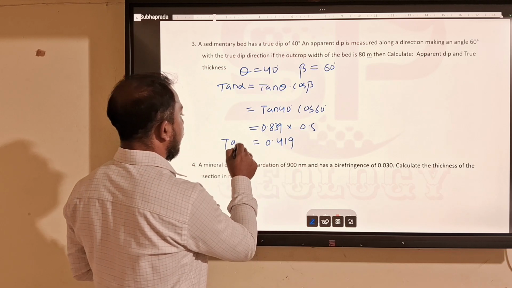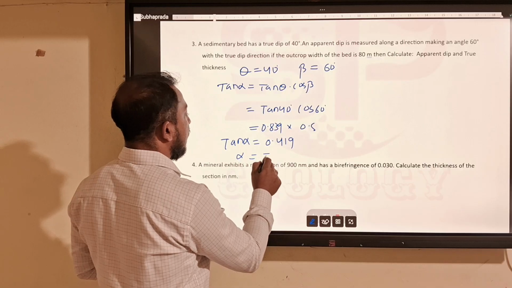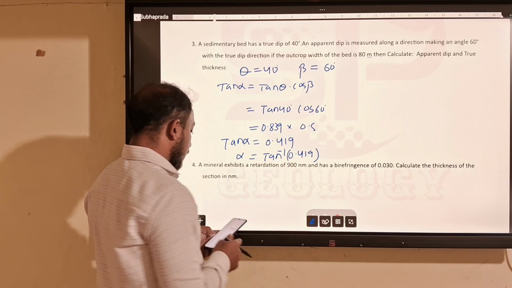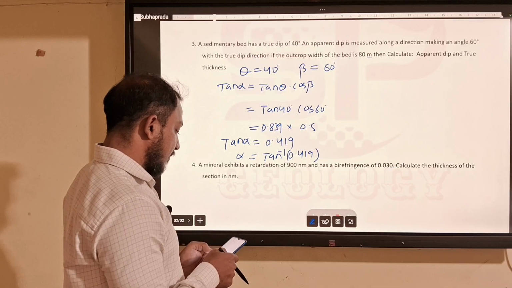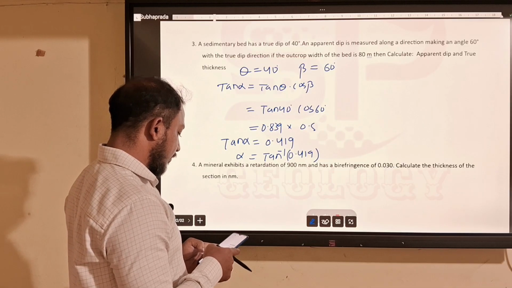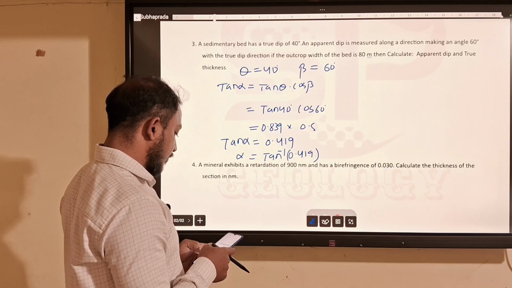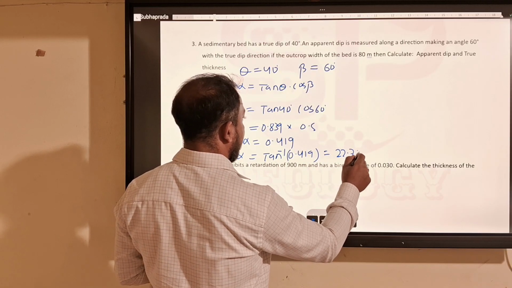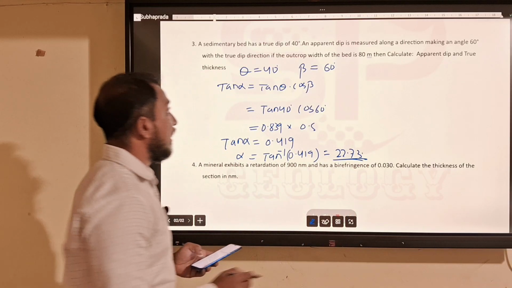So tan alpha will be this. So alpha will be tan inverse 0.419. It will be 22.73. This will be our apparent dip.